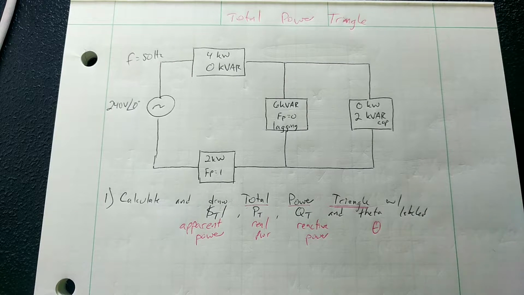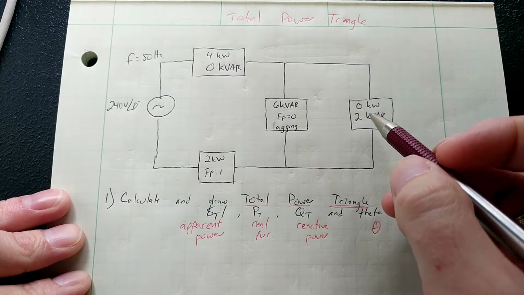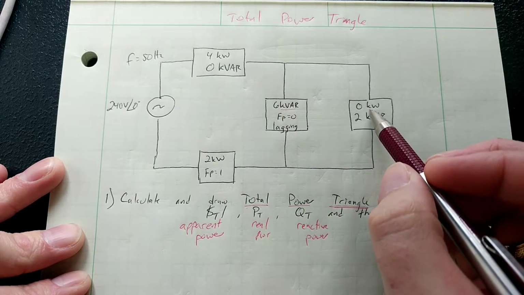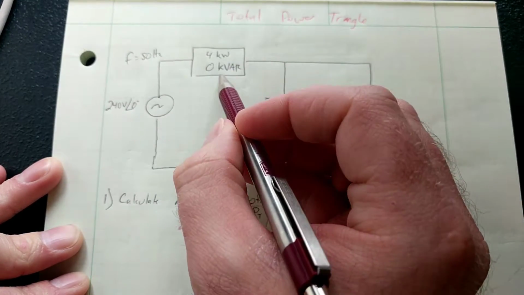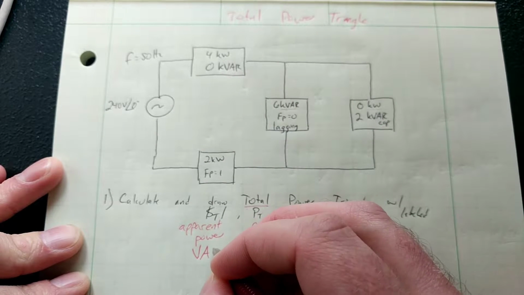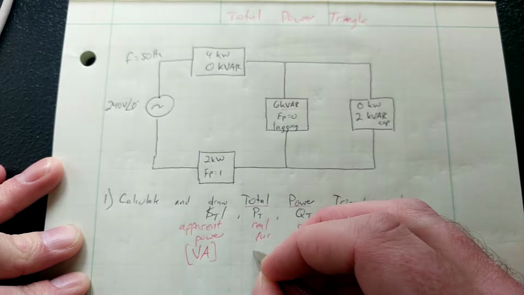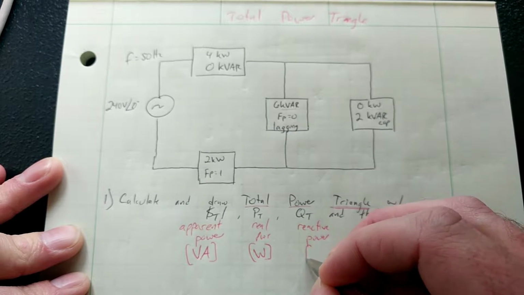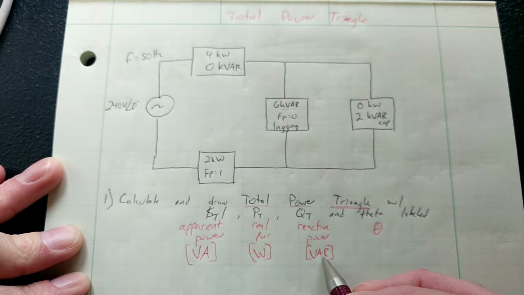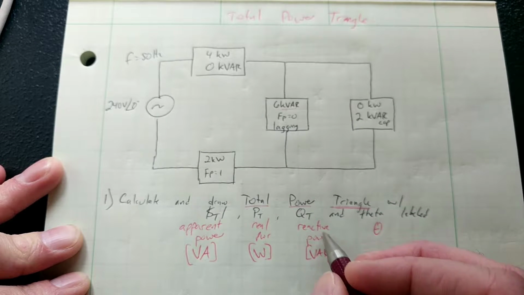And what I'll say is that anytime we have one of these problems where we have the powers already given as watts, var, you could also be given it in VA, which is the unit for apparent power. Here are all the units: real power, watts; reactive power, var, which is volts, amps, reactive. That's how we know it's reactive power.